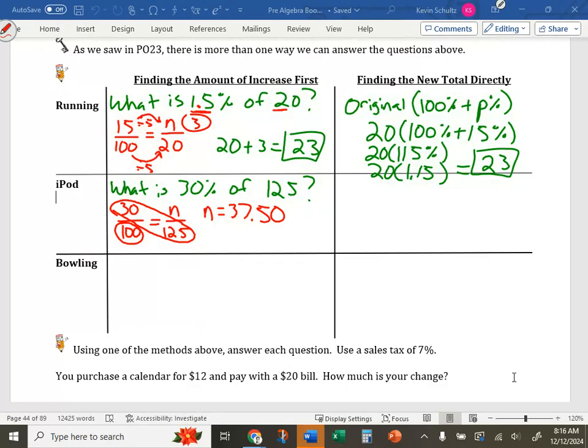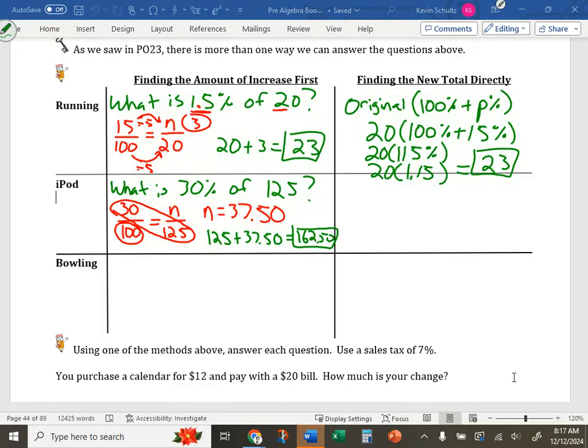I'm writing it as $37.50 because it's a price. What does that represent? That's how much it's going up, right? Not what you're selling it for. You're selling it for the original 125 plus the $37.50 markup, right? You're going to try and sell this thing for $162.50.